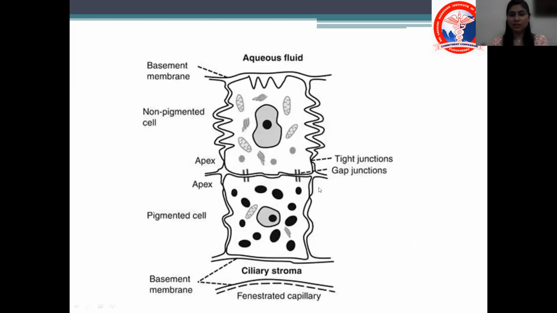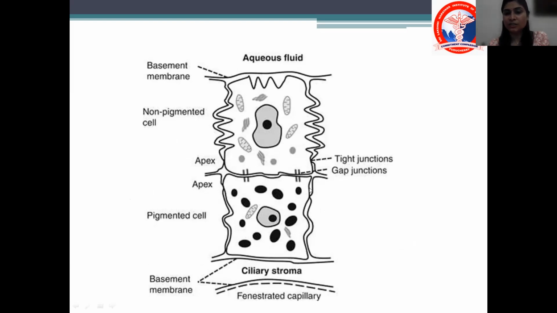And these are the gap junctions that we see in between the cells. This is the basement membrane. These are the non-pigmented cells. This is a pigmented cell containing melanin pigment granules. And there are gap junctions and interdigitations in between the tight junctions.